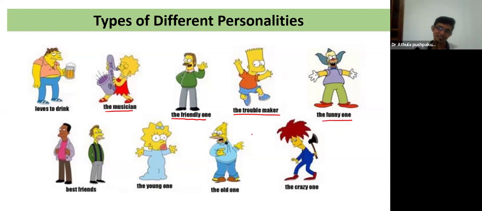And some are friendly, like best friends. Compared with other friends, best friends are normally close to us. Other younger ones, older ones, and even crazy ones can also be identified.